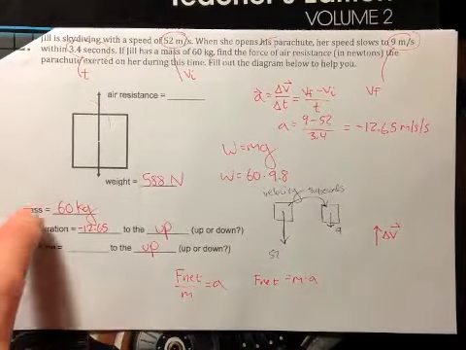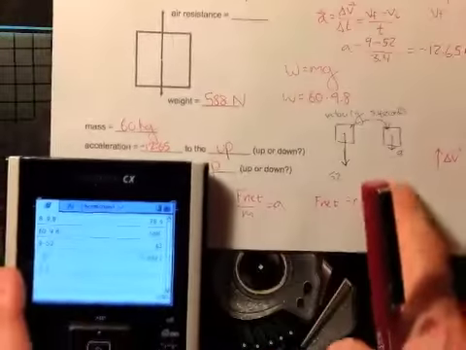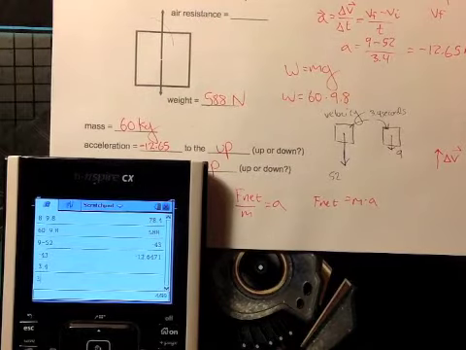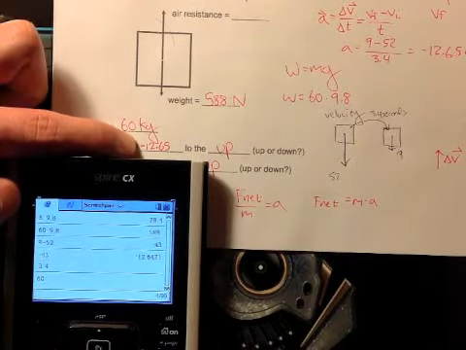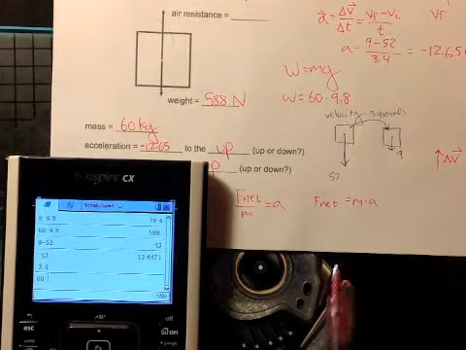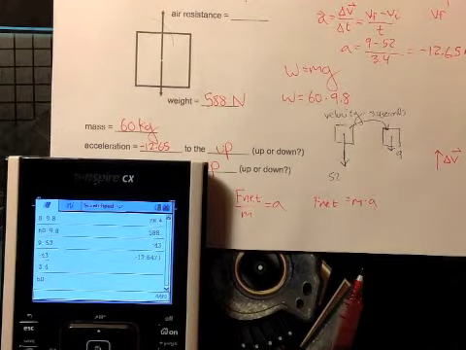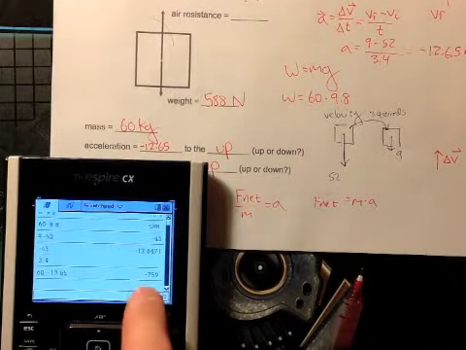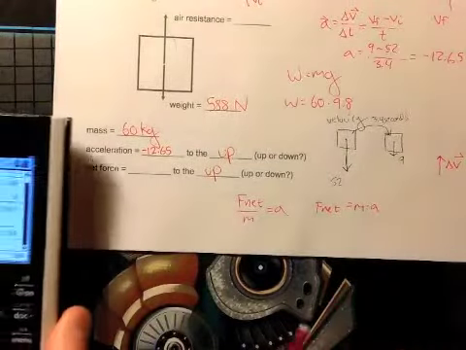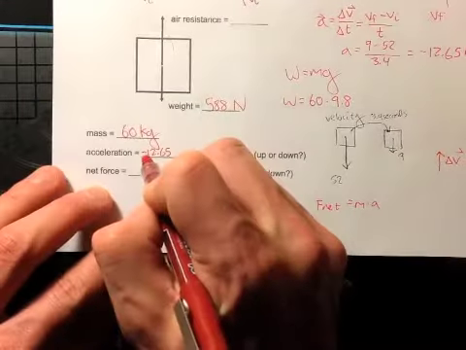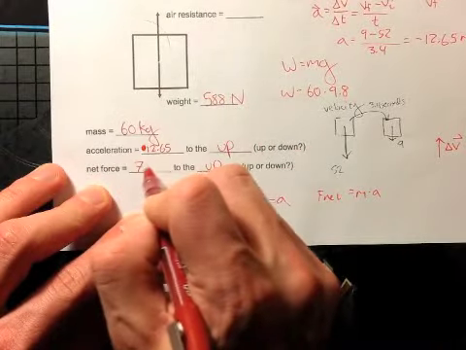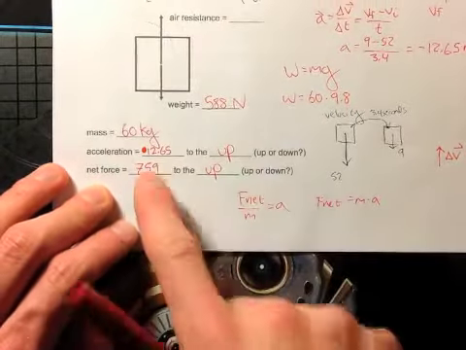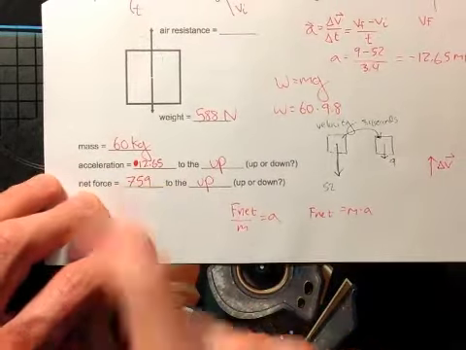So all I need to do is take my mass, multiply by my acceleration, 60 times negative 12.65. The negative here just indicates that she's losing speed, but don't worry too much about the negative signs here. Negative 759. I'm just going to forget about that minus sign. You know what it means. It means she's slowing down, but I don't want to deal with it. So I'm just going to make all this stuff positive, 759. So that is the net force.